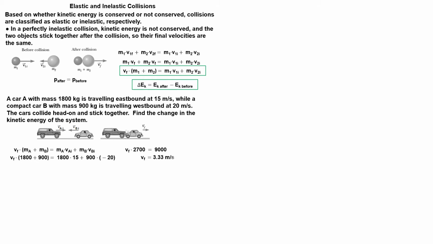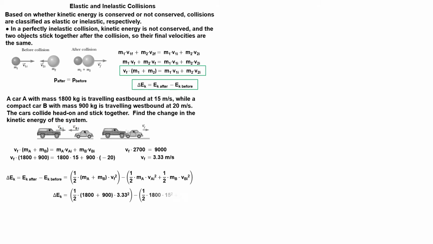We now use this final velocity to find the change in kinetic energy. The lost kinetic energy is transformed into other forms of energy, such as thermal energy, deformation energy, and sound energy.